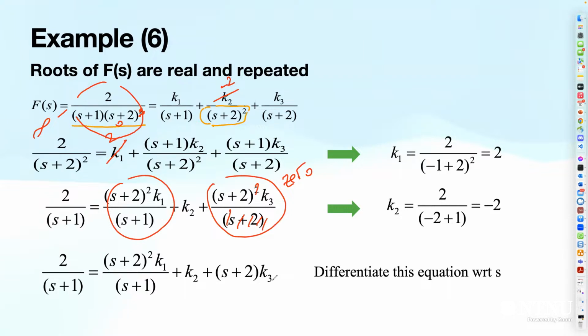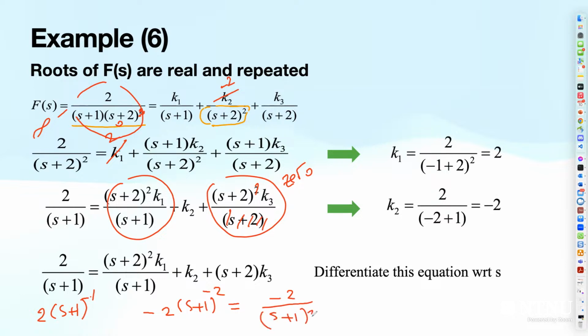Just imagine that the left side is 2 multiplied by (s plus 1) to the power of -1. If I take the first derivative of that part, it will be -1 multiplied by 2, so it will be -2 multiplied by (s plus 1) to the power of -2. So it will be -2 divided by (s plus 1) squared.